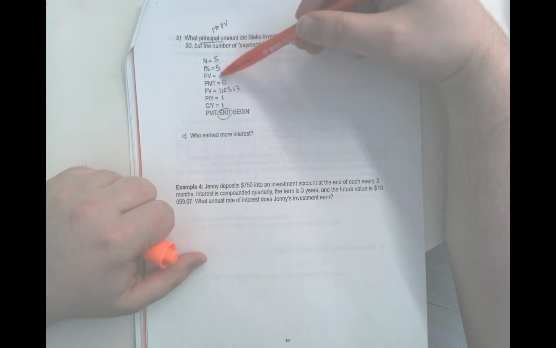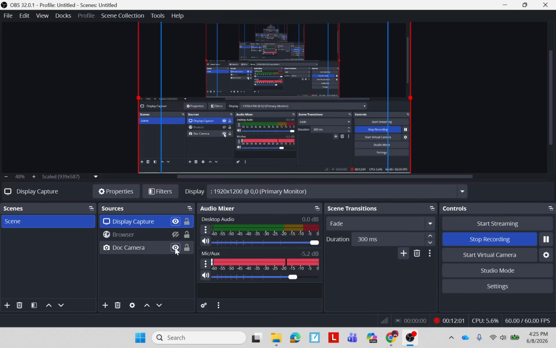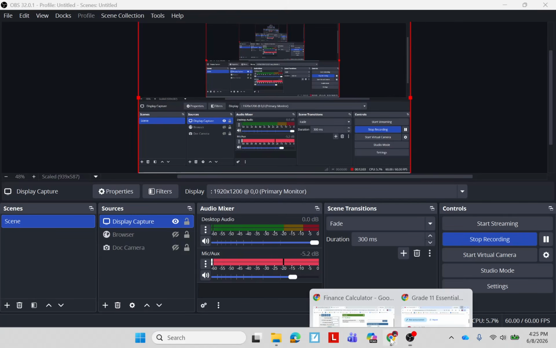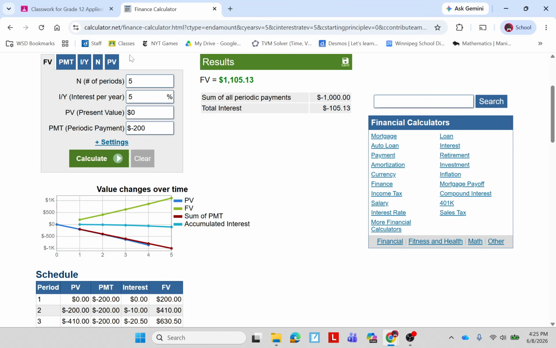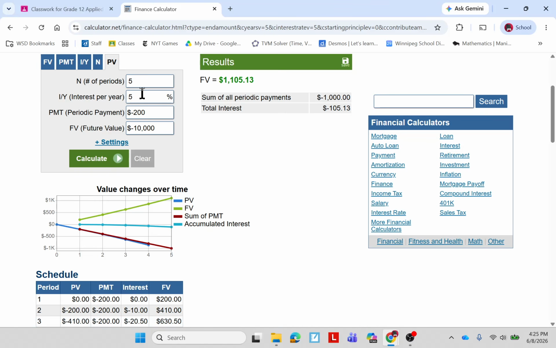So these are the values that I have. So n is 5, I is 5. We're solving for the present value. He didn't make any payments, so that's 0. The future value, which we calculated, was $1105.13. His payments per year is just 1, and it's still compounded annually. So now on the financial calculator, we want to solve for present value. So I'm going to click on that tab, and we'll fill this out.